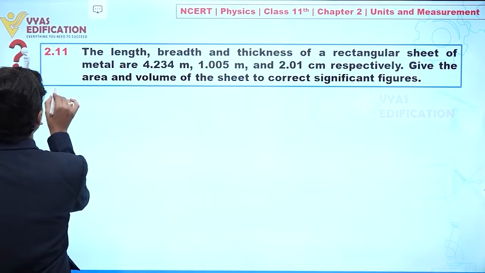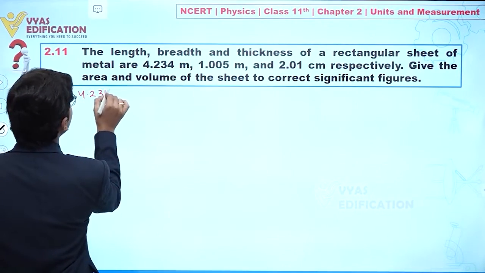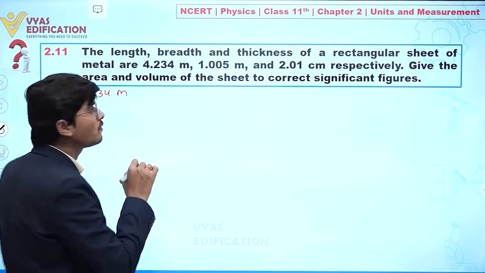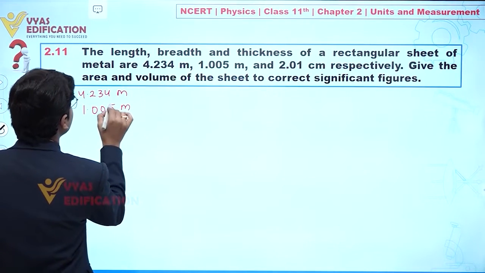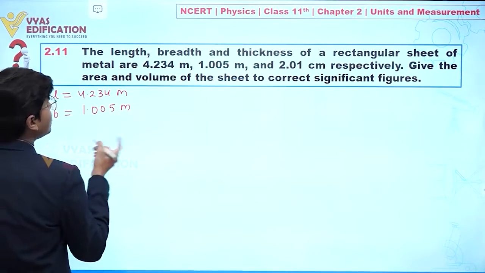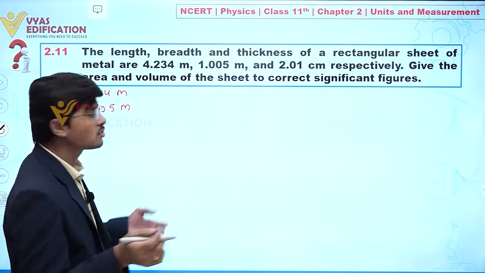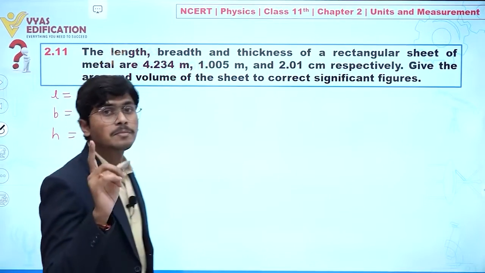Now the value of L given in this question is 4.234 meter. The value of breadth that is given to you is 1.005 meter. And we can see the value of H, or thickness, so you can take L, B, H. H is given to you as 2.01 centimeter.